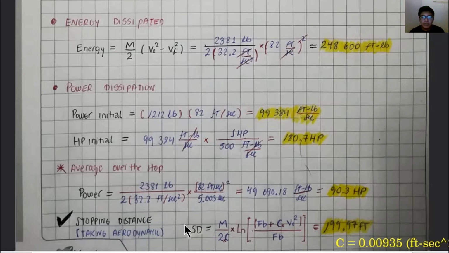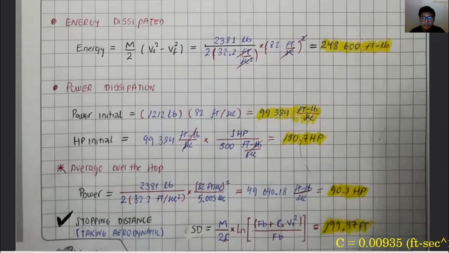Here I can observe the other calculation for the stopping distance taking aerodynamics into account. The stopping distance is equal to m divided by 2 times c, times the logarithm of the braking force Fb plus c times the initial velocity squared, divided by Fb. This Fb is the braking force.